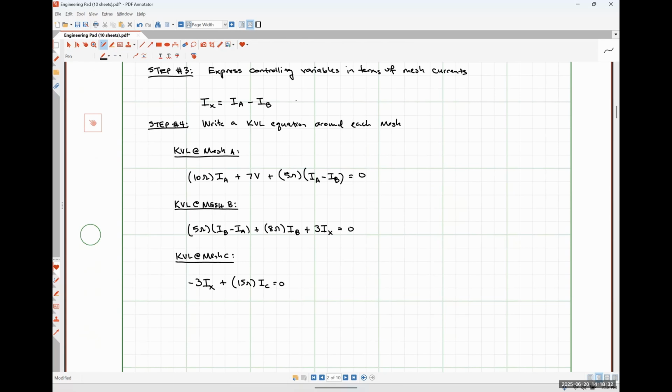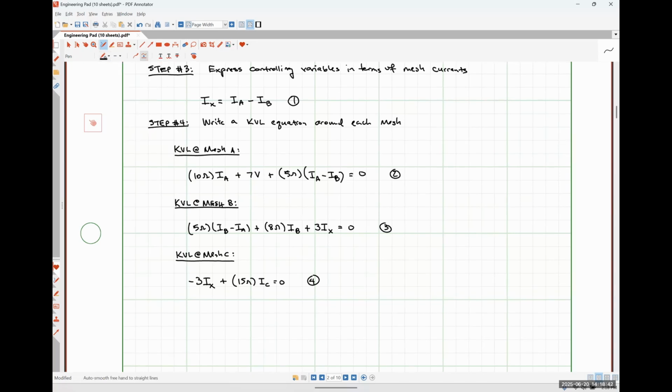Realistically, I would probably substitute this Ix relation into equations 3 and 4 here, so that I could solve this as a 3x3 system with my calculator. So I'm going to do that just real quick like. So let's see, this is going to be 5 ohms times (IB minus IA) plus 8 ohms IB plus 3 times (IA minus IB).